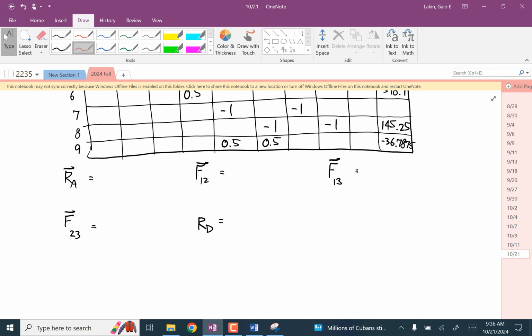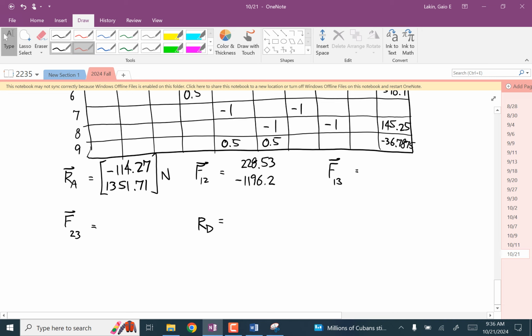All right, so for RA, I got negative 114.27, 1351.71. For F12, I got 228.53, negative 1196.2. For F13, I got negative 114.27, 40.69.